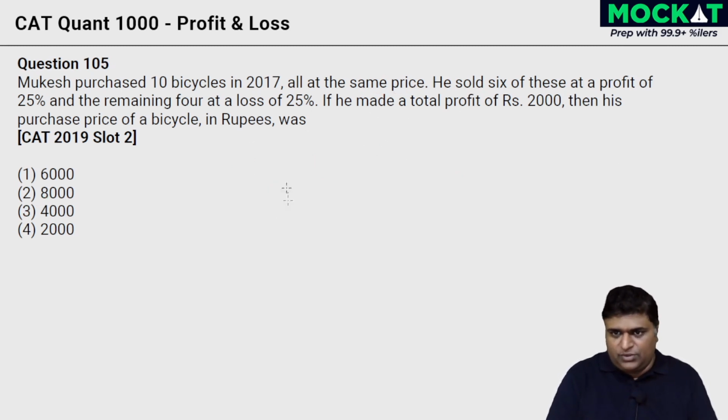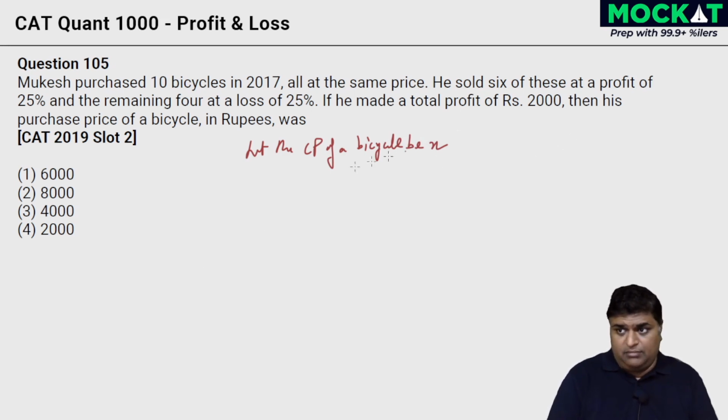For some of you who are not able to get this immediately, right? So let's do it the plain old simple way, right? So let the CP of a bicycle be X, right? Profit or loss, that's going to be 0.25x. 6 were at a profit of 25%, 6 into 0.25x, minus, there's also a loss for 4 cycles, 4 into 0.25x, and that is coming to 2000, right?